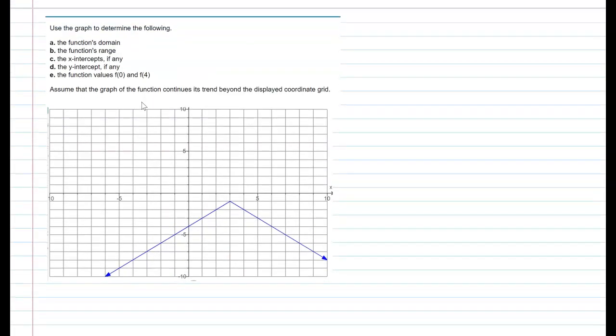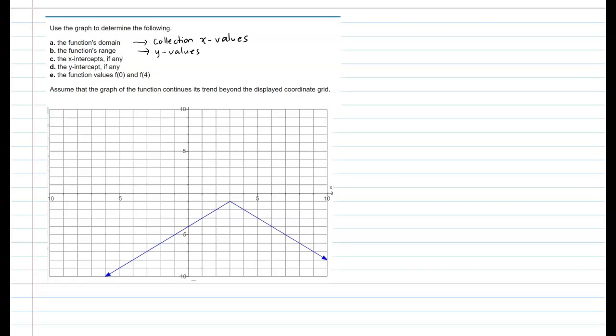So this is what we want to determine, the function's domain, given the graph here. Whenever you are looking for the domain, you would think of it as the collection of x values. So you would have to collect all the x values of the function. And the range would be the y values.